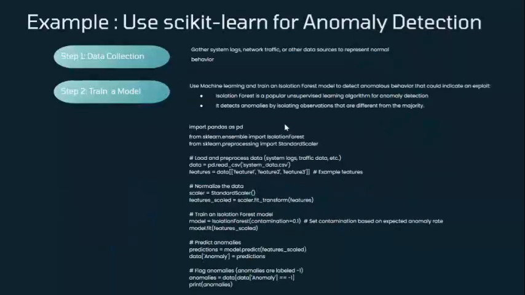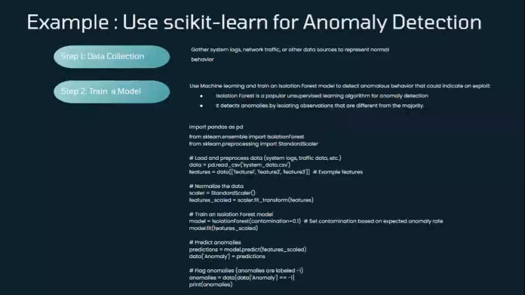So I'm going to start with the AI based approach for 0 day detection. Within the AI based approach, first we will gather large data sets of normal system behavior and known patterns. One of the examples I'm going to take is using scikit-learn.